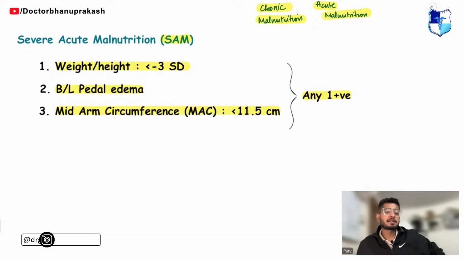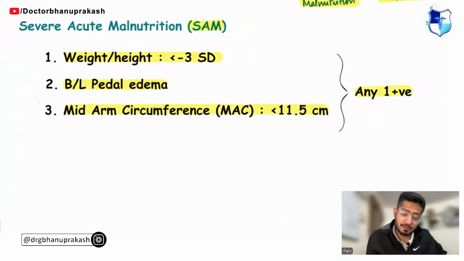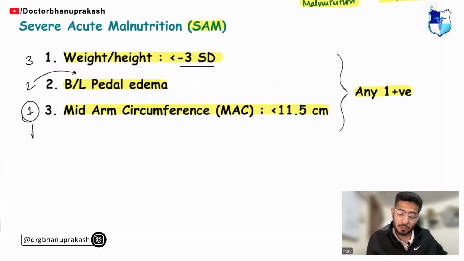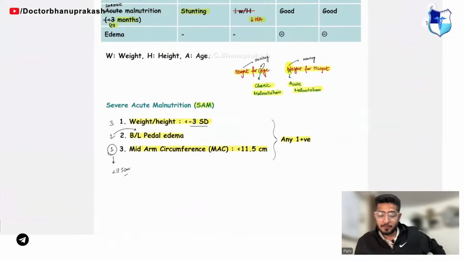So this is 1, this is 2, this is 3. 3 is less than -3 standard deviation, 2 is bilateral pedal edema, and 1 is less than 11.5 centimeters.